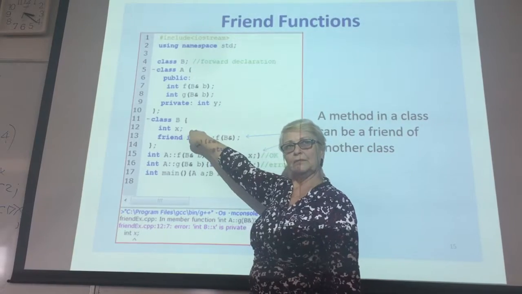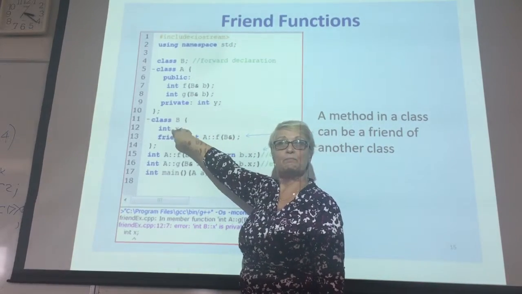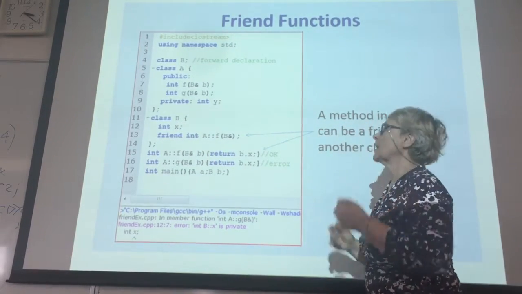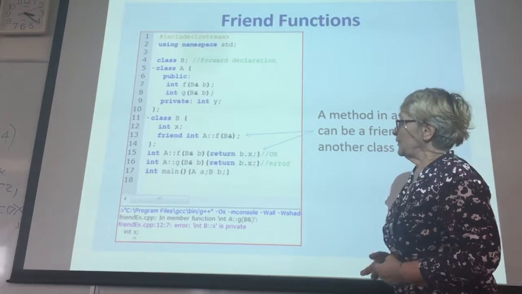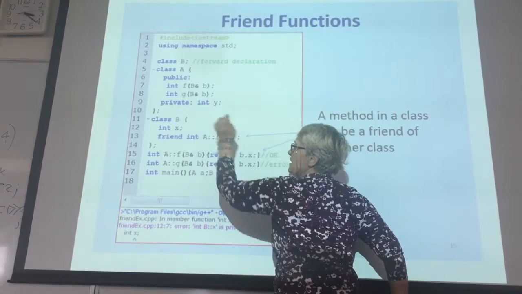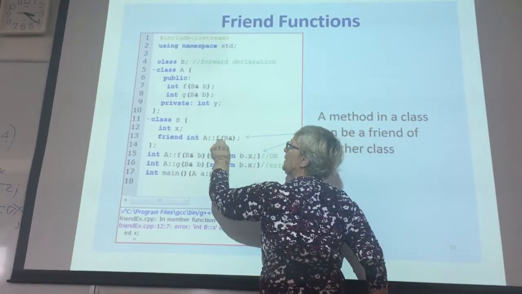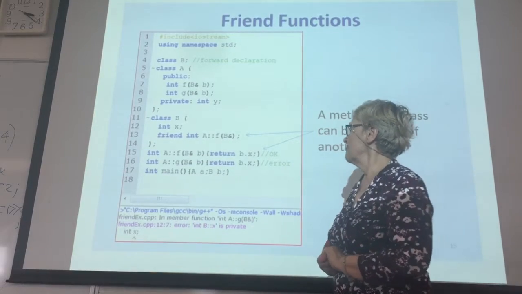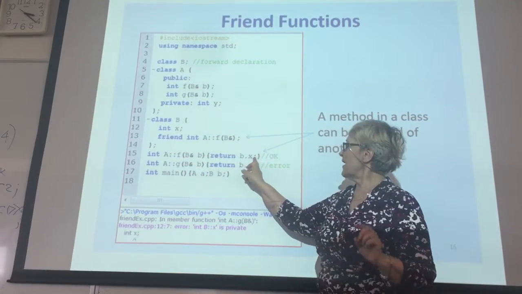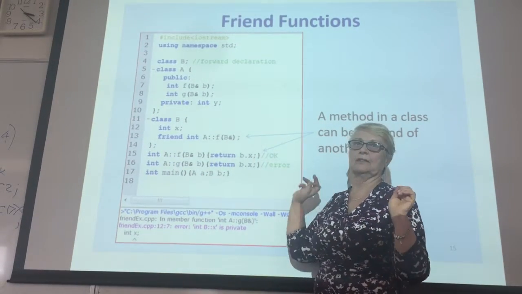Notice no specifier means it's private. Therefore, X is private in B, but because F is a friend, our function F in A can access it.